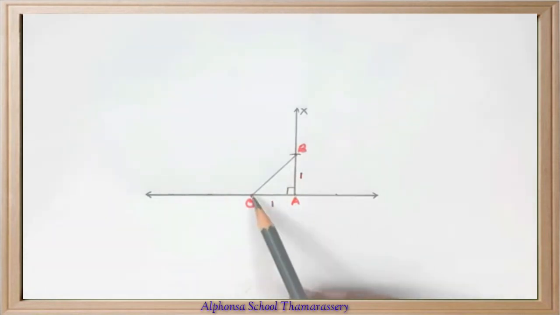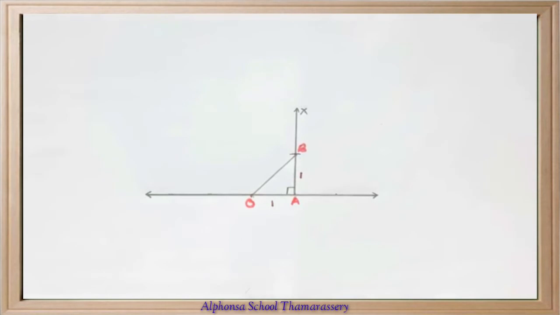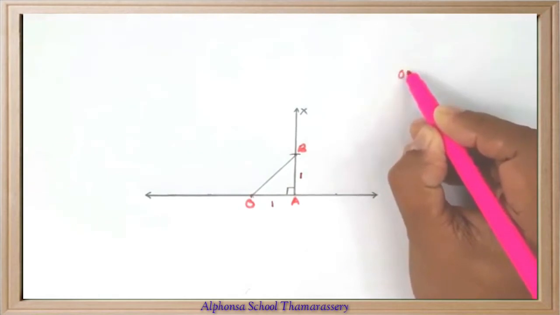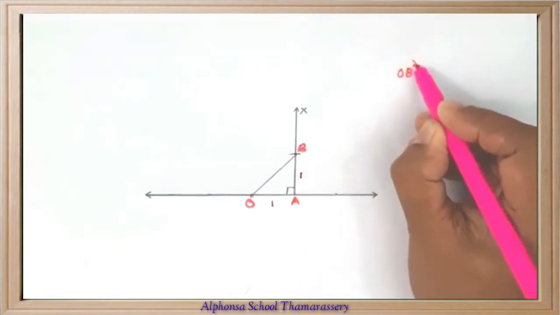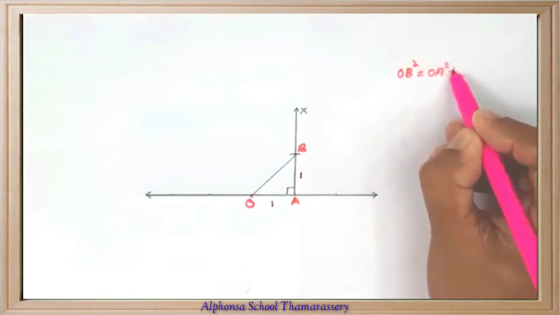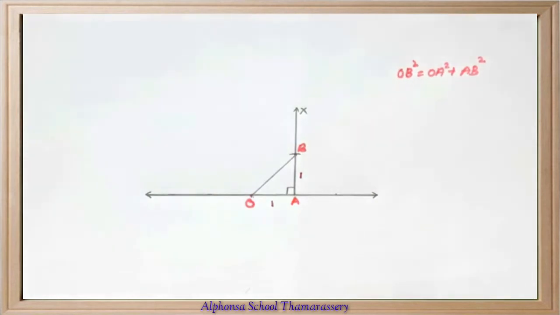So we are able to find the length of OB by using Pythagoras theorem. OB square is equal to OA square plus AB square. Hypotenuse square is equal to base square plus altitude square.